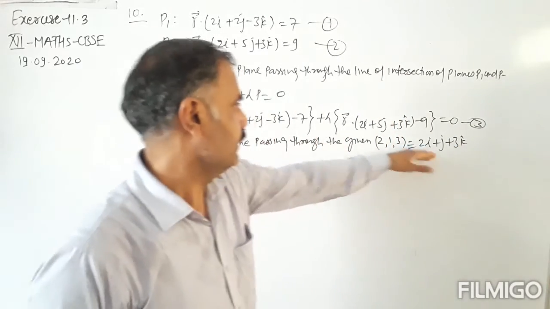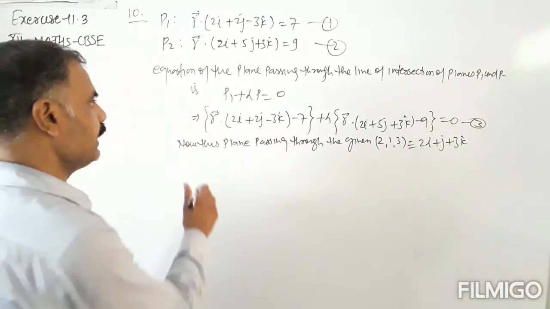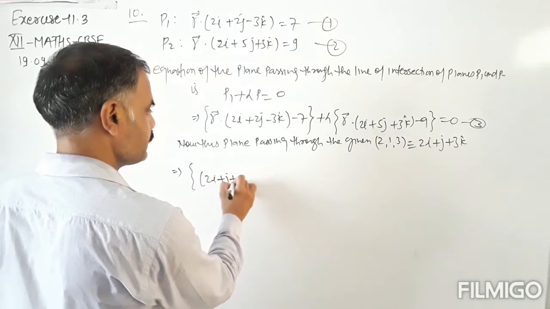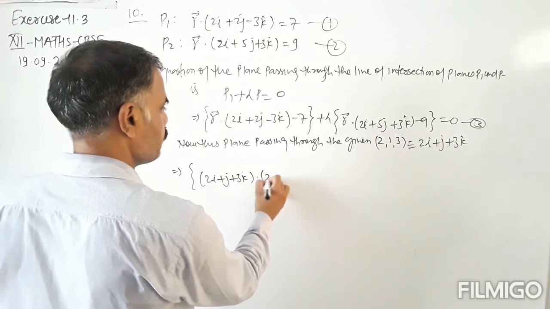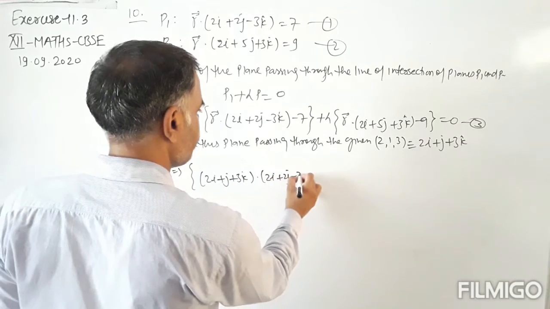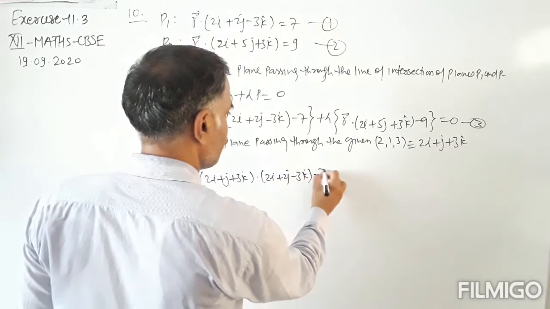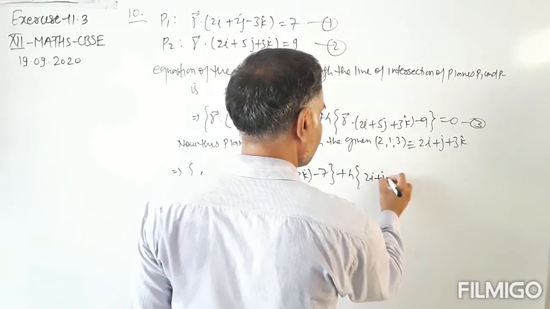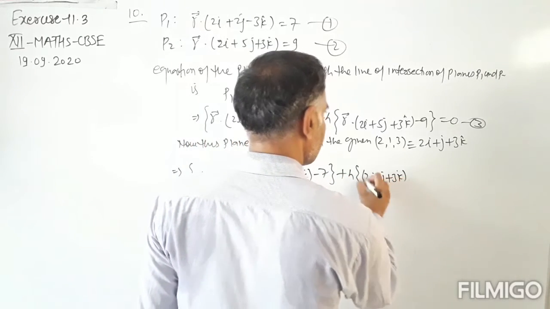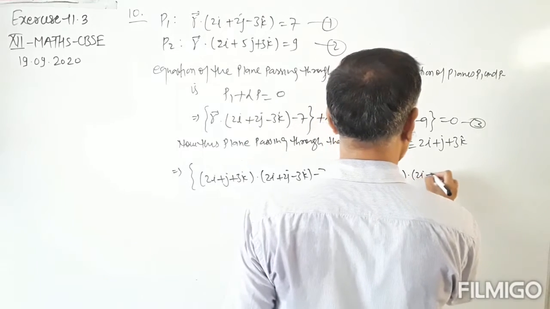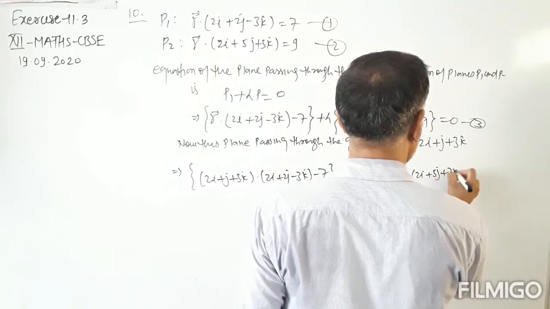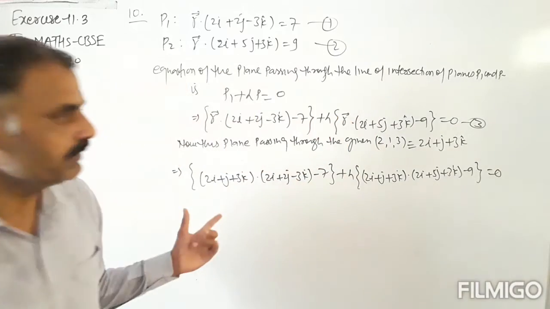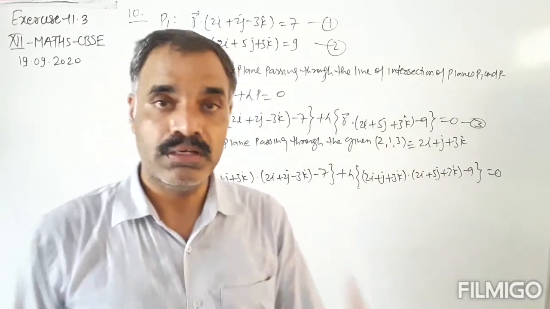Putting this vector in place of r vector, we will have (2i cap plus j cap plus 3k cap) dot (2i cap plus 2j cap minus 3k cap) minus 7, plus lambda into [(2i cap plus j cap plus 3k cap) dot (2i cap plus 5j cap plus 3k cap) minus 9] equals 0. After solving this, we will get the value of lambda.